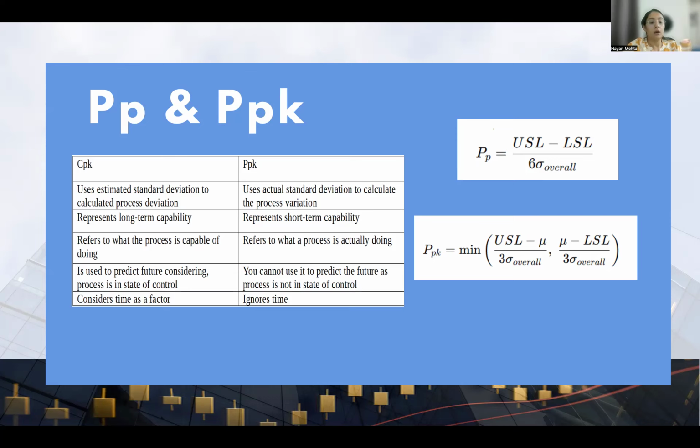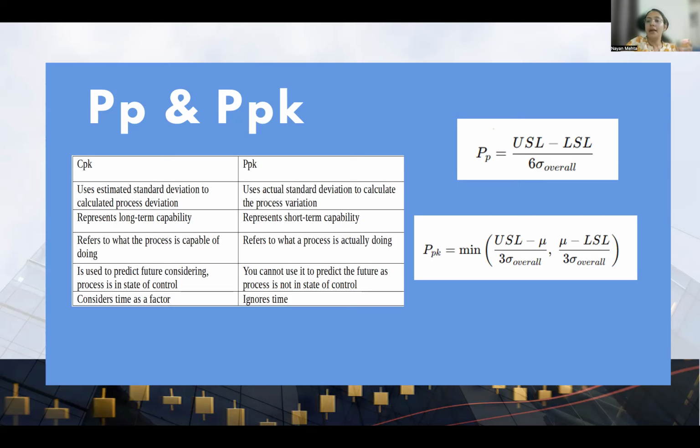Now let's understand the key differences between CPK and PPK. First of all, CP and CPK use the within-subgroup standard deviation, which gives a short-term view and potential capability.